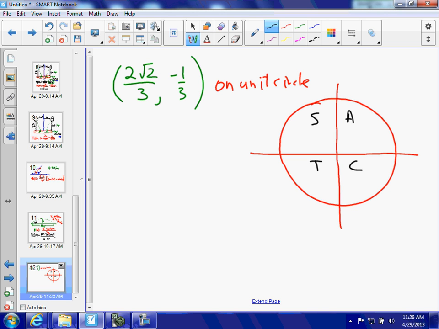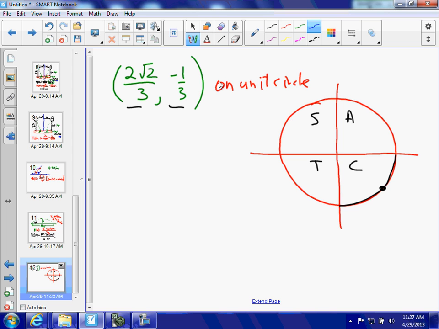In this case, my cosine is positive, but my sine is negative. So I know that it's going to be somewhere in quadrant 4. So I'm just going to put a point here at random. It might not be the exact point, but it gives me something to work with.